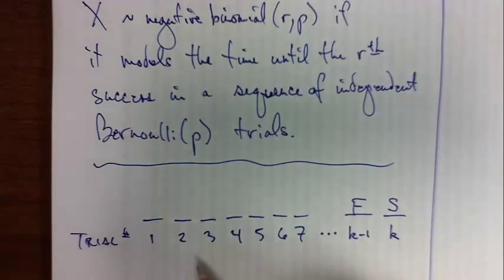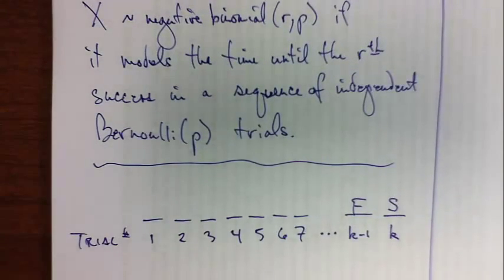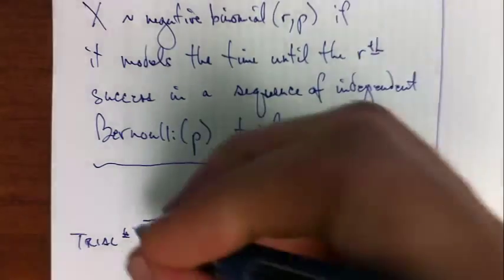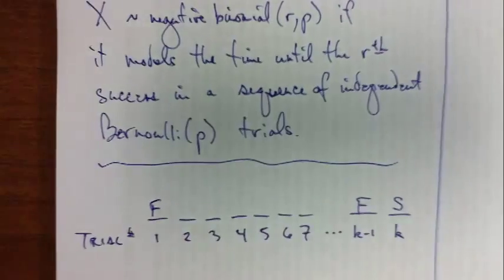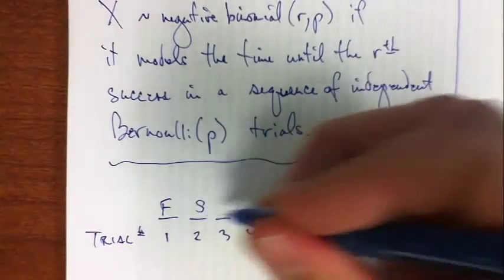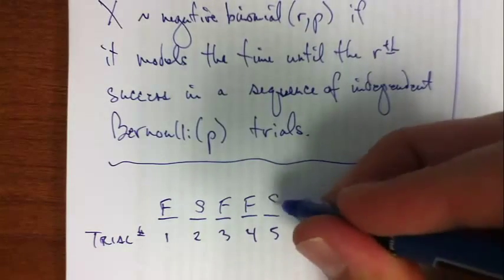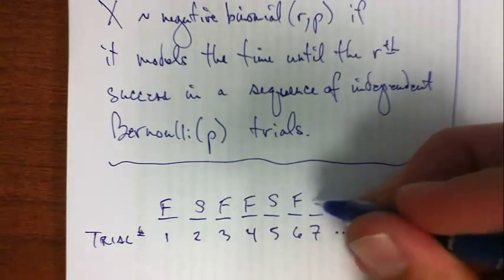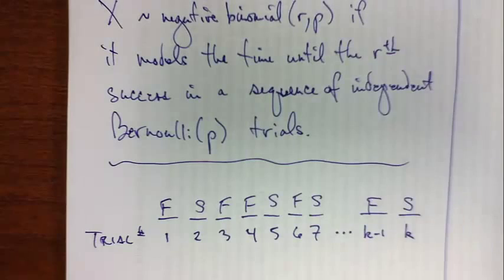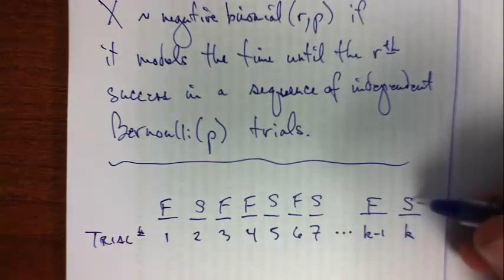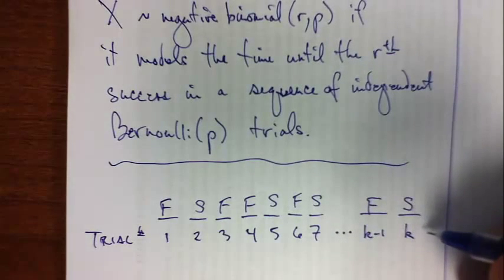Alright, so here you can think of, maybe we'll do a bunch of trials, okay? Trial number 1, trial number 2, trial number 3, trial number 4, and so on. And when I perform these trials, maybe I fail the first time. Maybe then I succeed, and then maybe I fail and fail, and then I succeed and I fail. Maybe I succeed again, and then here finally I succeed for the rth time.